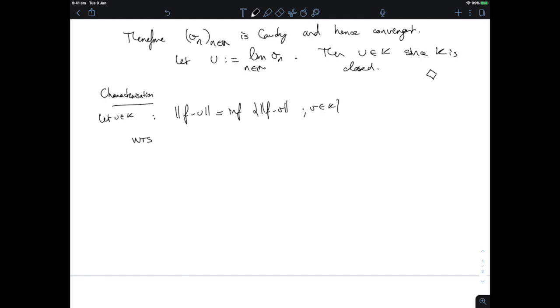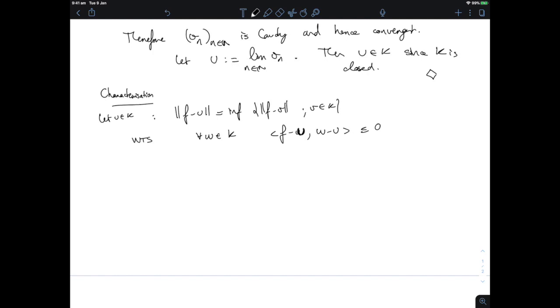So let u in K be such that we have that, and then we need to show that for every w in K, the inner product of f minus u with w minus u is less or equal to 0. Then we'll have to go the other way and show that the unique u satisfying this inequality is the u that realizes the distance between f and K. But let's go this direction first.